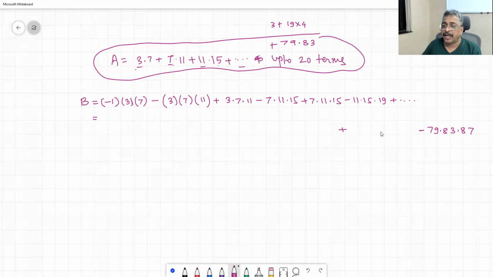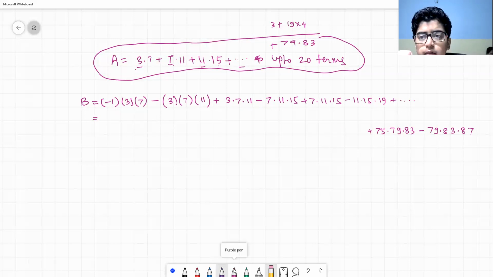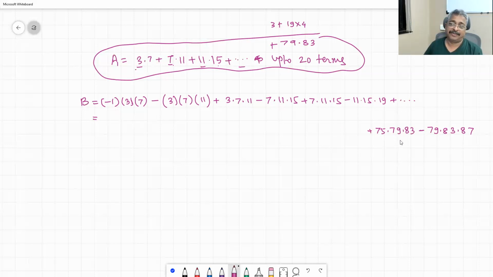Before that you will have 75 into 79 into 83. This and this I have done. Maybe this is a plus. So you have minus 7 into 11 into 15 plus 7 into 11 into 15. The same for 3 into 7 into 11. Just wait and observe.